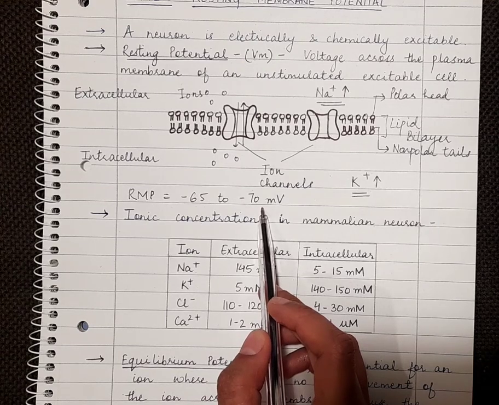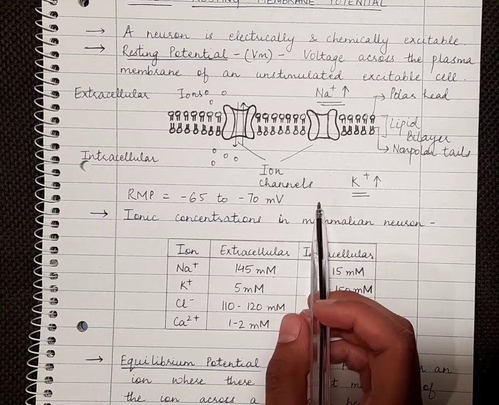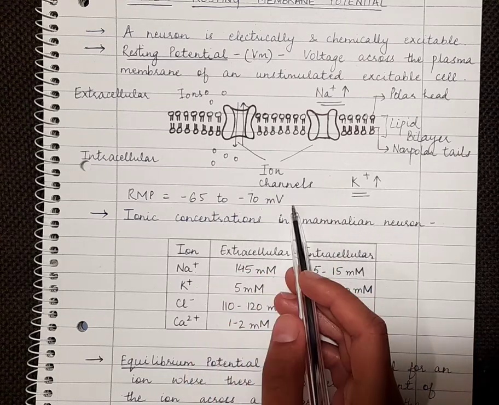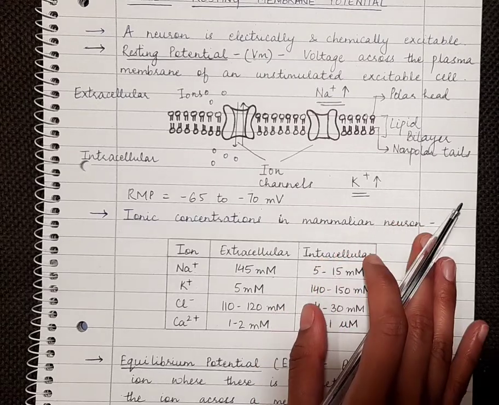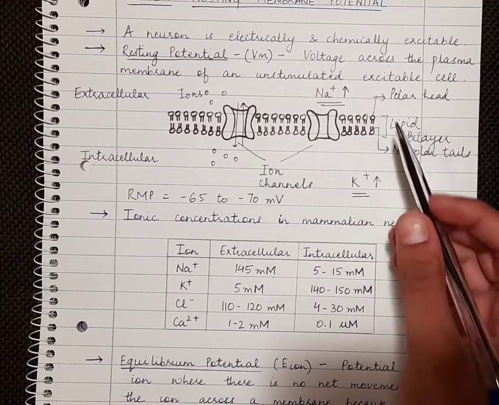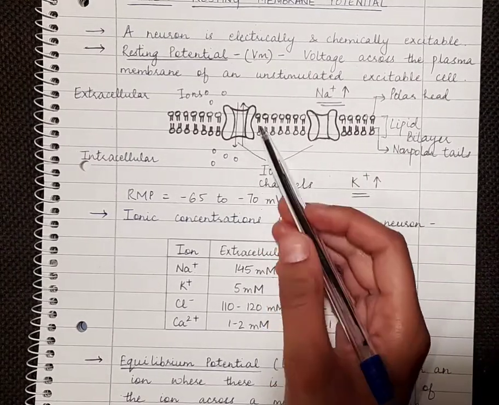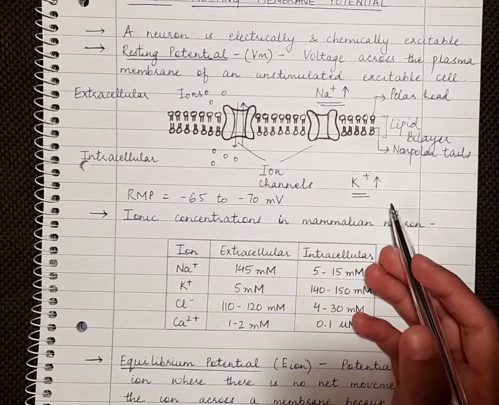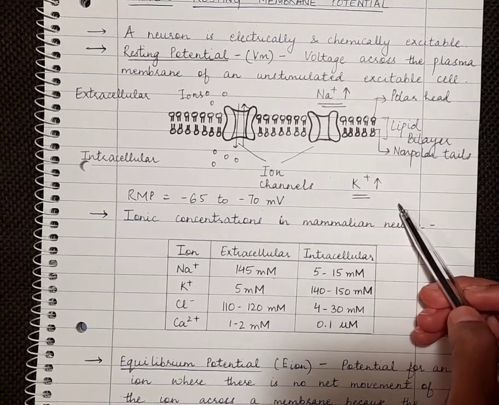We will study in the next video how this resting membrane potential is maintained and why it is negative. Right now I just want you to get this concept right, that there are ion channels present which cause these ions to move across the membranes. There is sodium more on the outside, more potassium on the inside.